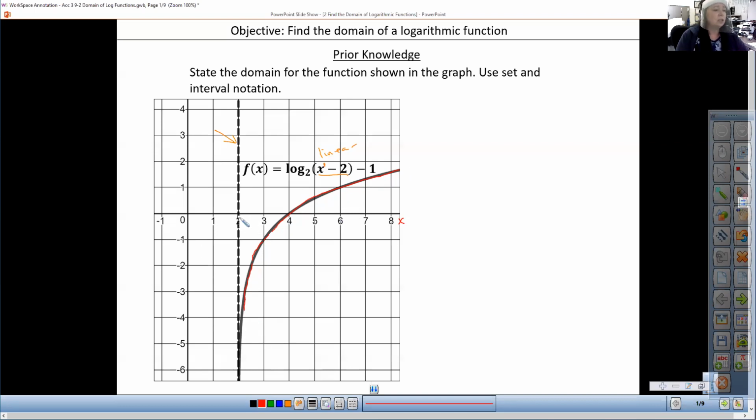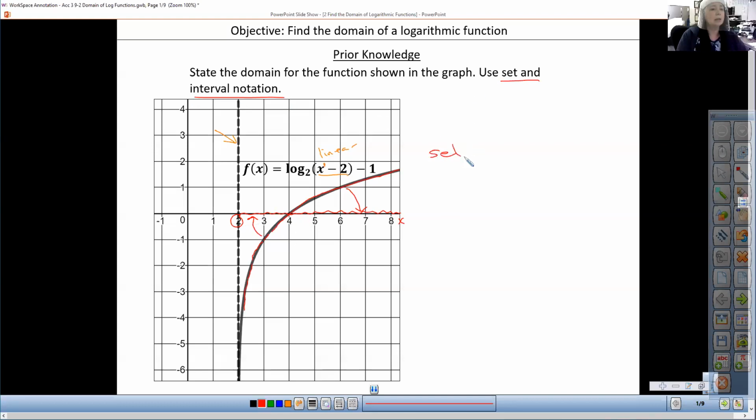So that would mean that the 2 for our asymptote is not part of the domain, but all of the x's over here would be part of the domain, because they would correspond to the x's that are for those points. So our domain here would be, and we want to use set and interval notation.